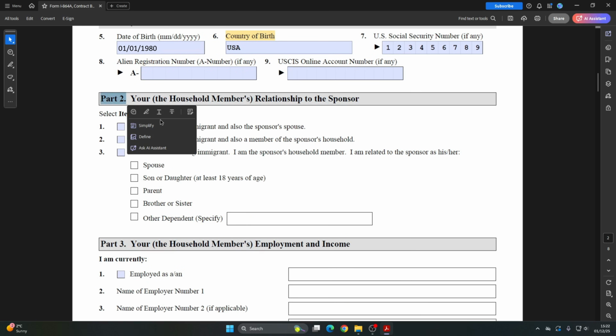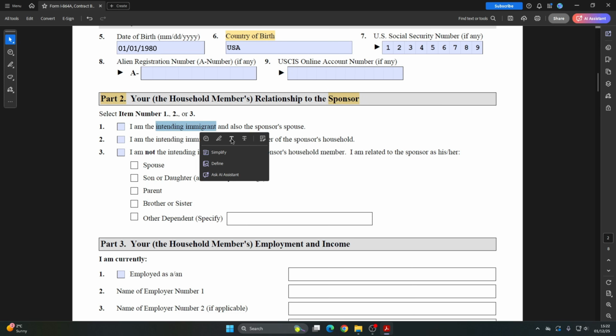Part 2, provide the household member's relationship to the sponsor. And the first two options are for the intending immigrants to use. So if you already watched the I-864 guide video, you know that intending immigrants can also use their income for the purpose of the affidavit of support to help the petitioning sponsor, but only in certain circumstances with authorized employment.